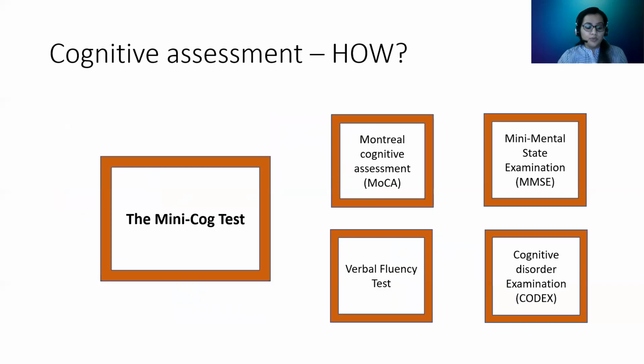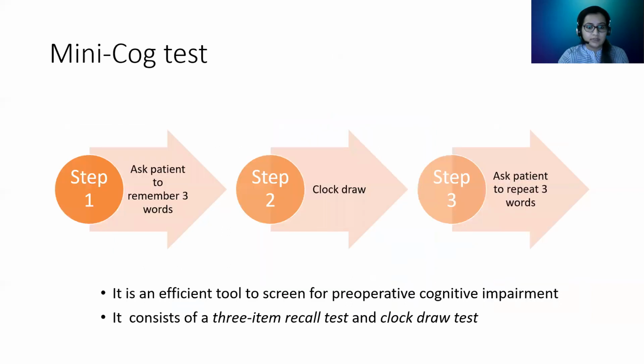Out of these, the most efficient tool to screen preoperative cognitive impairment is the Mini-Cog test. It consists of a 3-item recall test and clock draw test, which involves 3 simple steps.